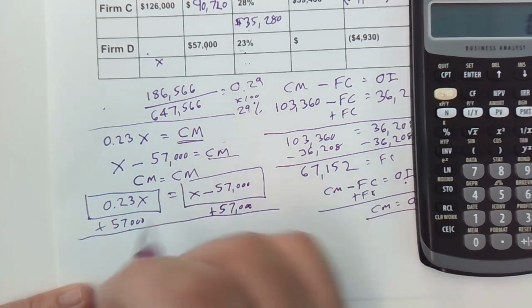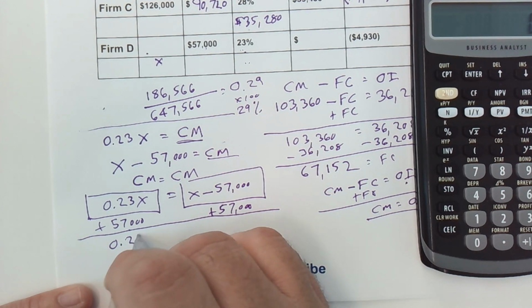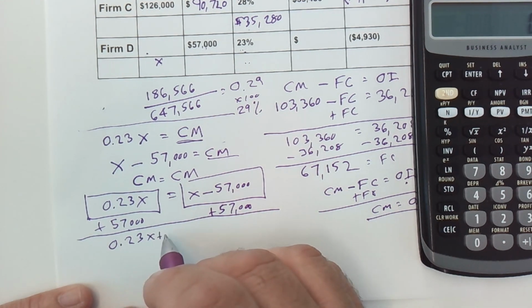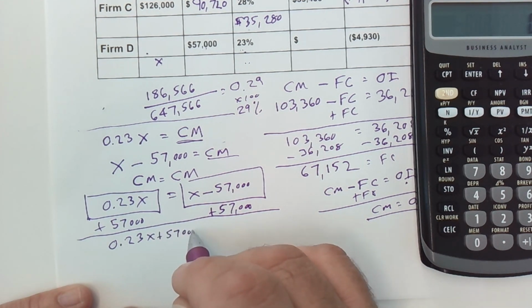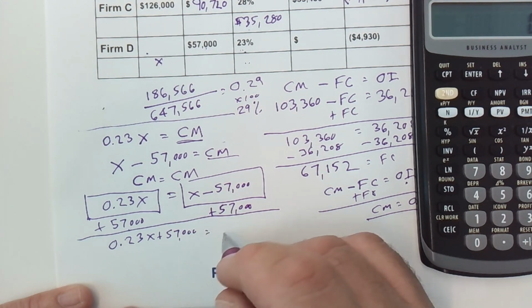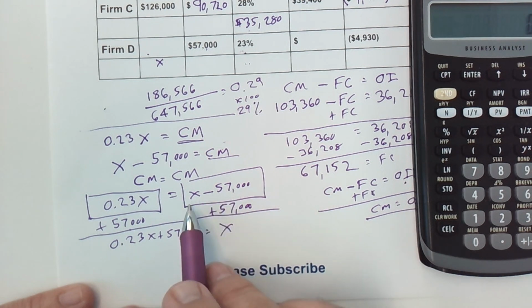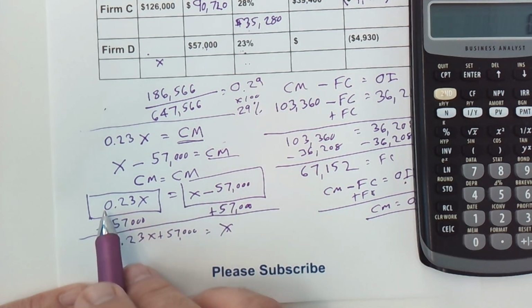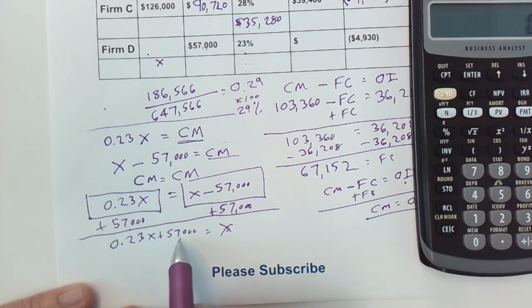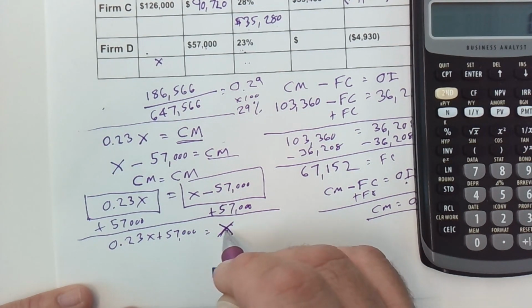So if I add it to both sides, I have 0.23x plus 57,000 is equal to x, right? This goes away. So on this side, I've got x, and I've got 0.23x plus 57,000. I want to get the x's on the same side.